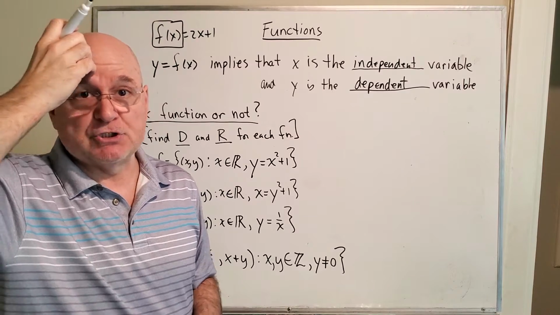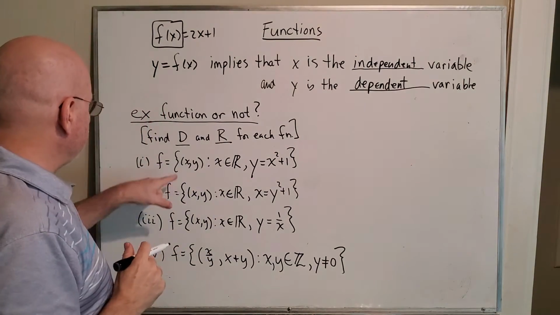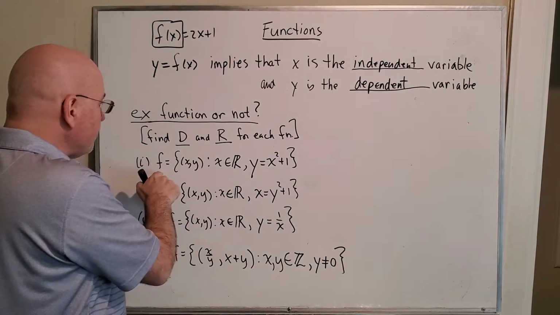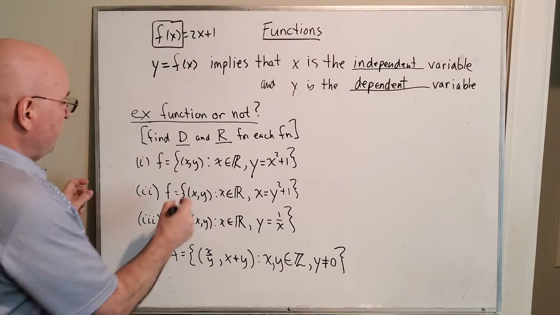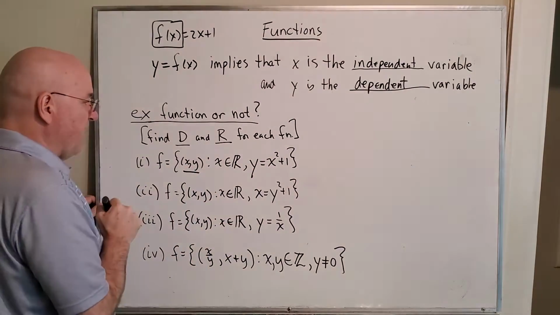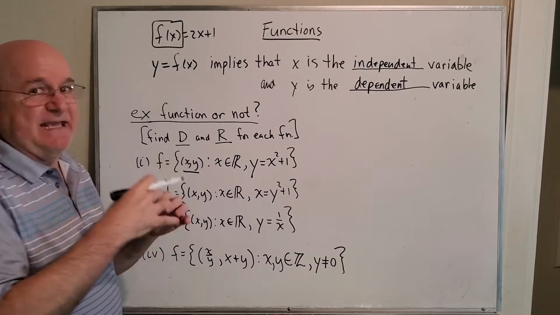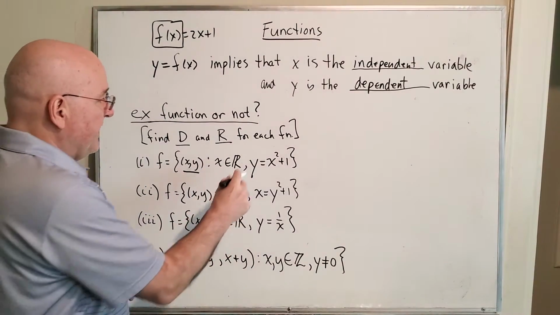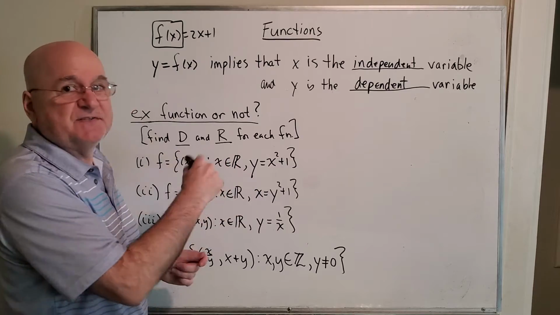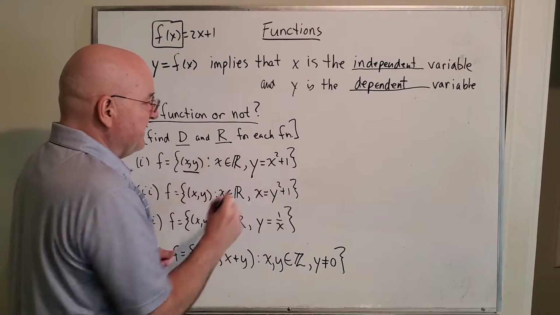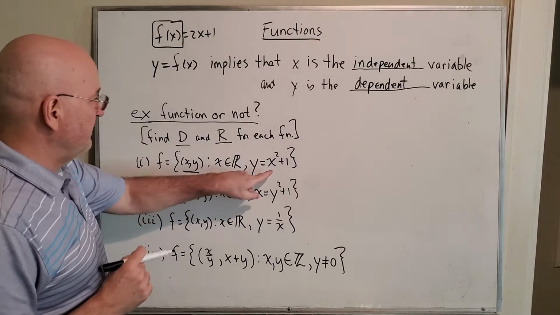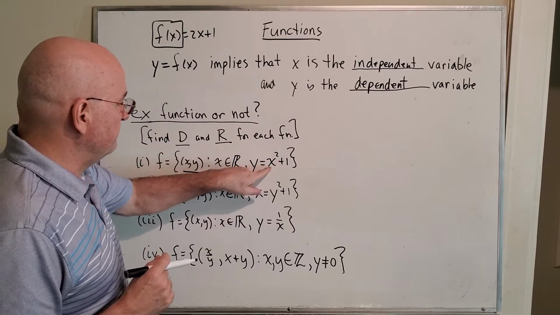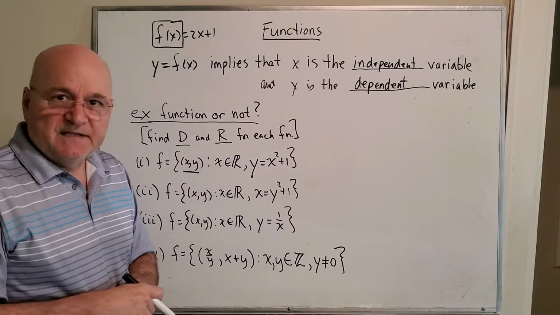So, the first one, f, we're writing it in the ordered pair form. It's all of the ordered pairs (x, y), where x can be any real number, and y then depends on x, is x squared plus 1. So for example, if x is 0, then y would be 1. Is that a function?